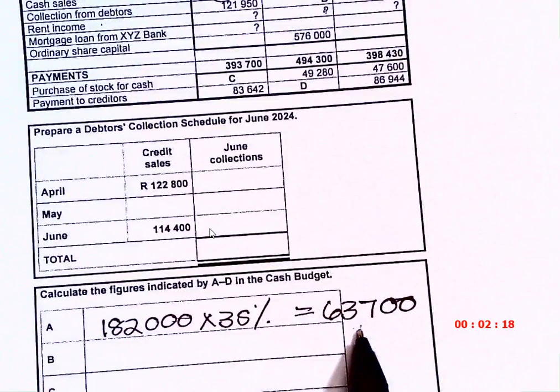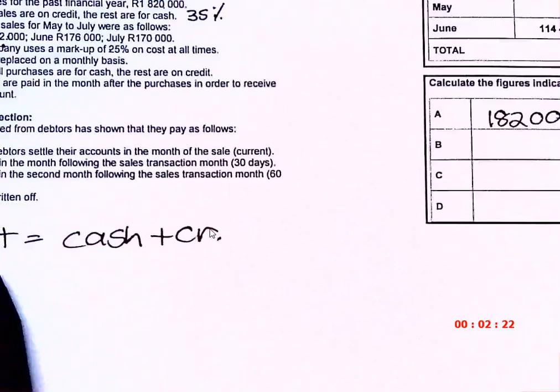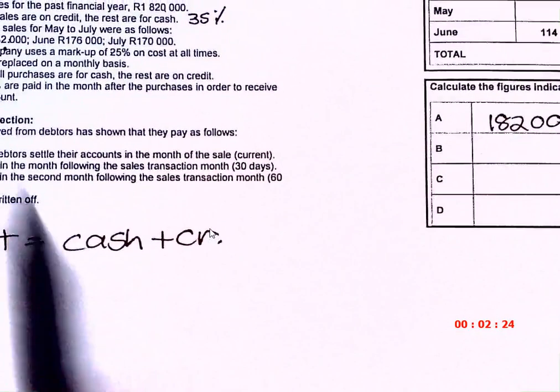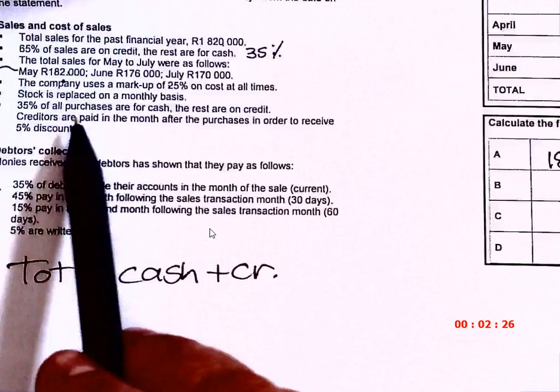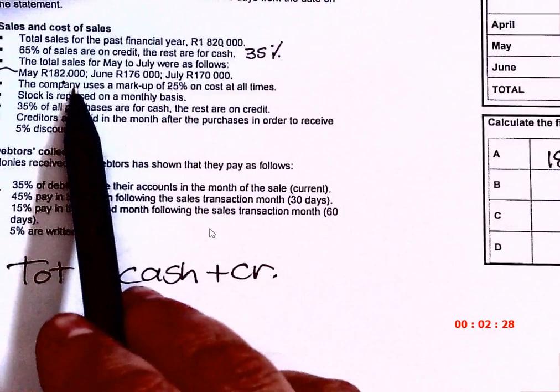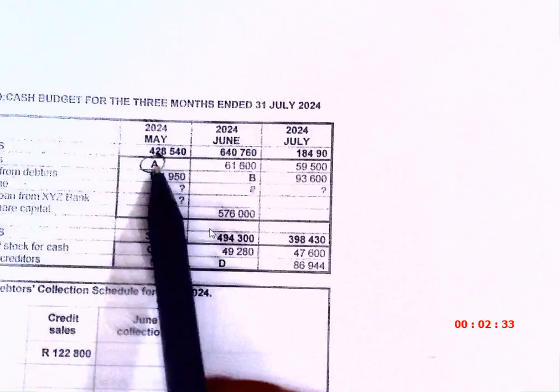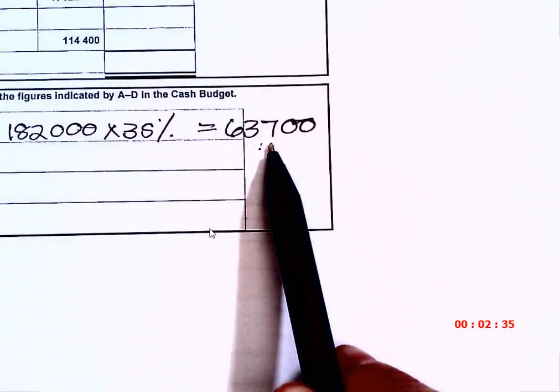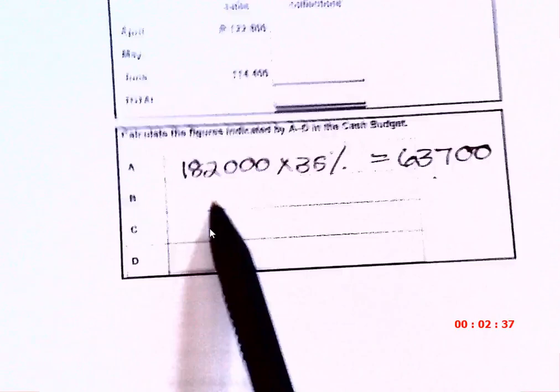Why is that? What did I tell you? Total is cash and credit. So if the total is the 182, the cash that I calculated is 63. The difference will give me the credit.